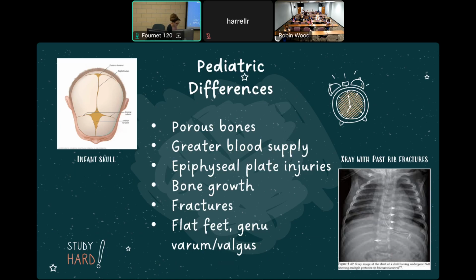And then genu valgum, which is knock knees, can be normal until about school age, or 6, 7. And then walking pigeon-toed can also be normal. Kids just do weird stuff. It's frustrating because it could be normal, but then it also could be this. They just like to stress us out.